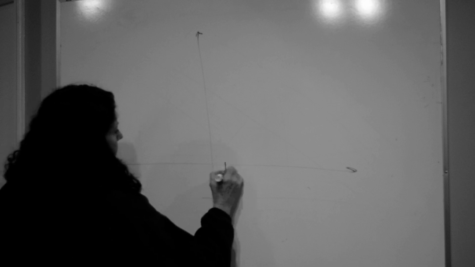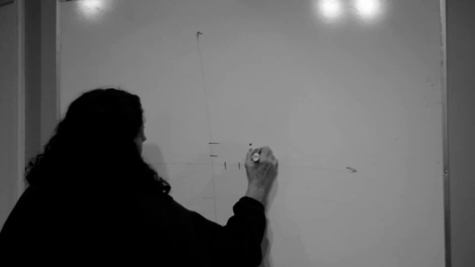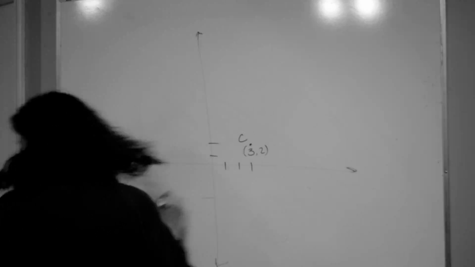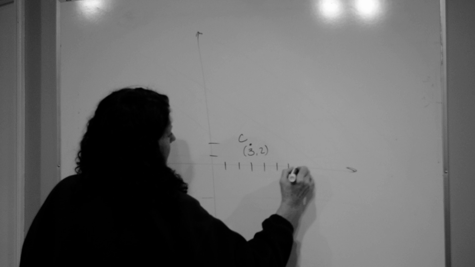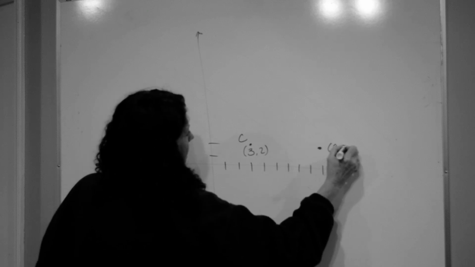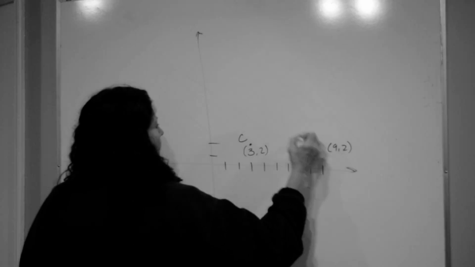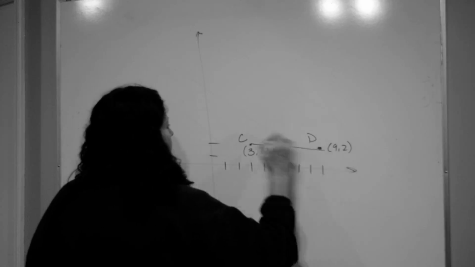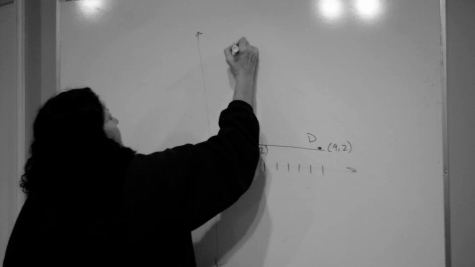I've got the point 3, 2, that's my C, and I have the point 9, 2, and that is D, and I want to know what my value up here is for P.